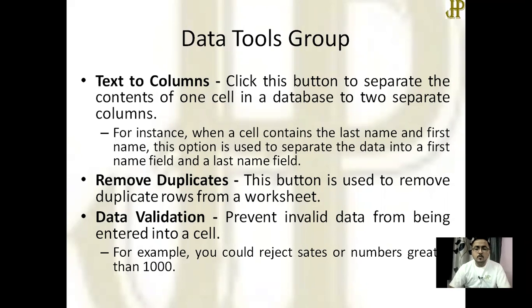After some time, you need to bifurcate them into a first name column and a last name column. So you can do this with the text to columns option.